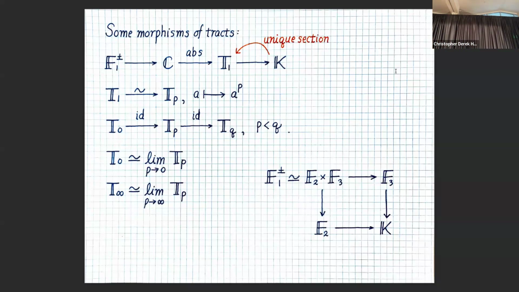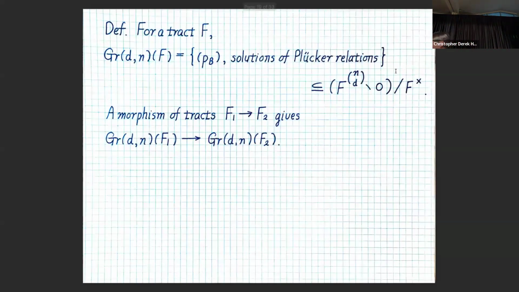So the category of tracts has very nice properties, including the existence of products. And you can do a really fun computation, like saying that the product of F_2 and F_3 is the initial tract F_1^±. Okay.